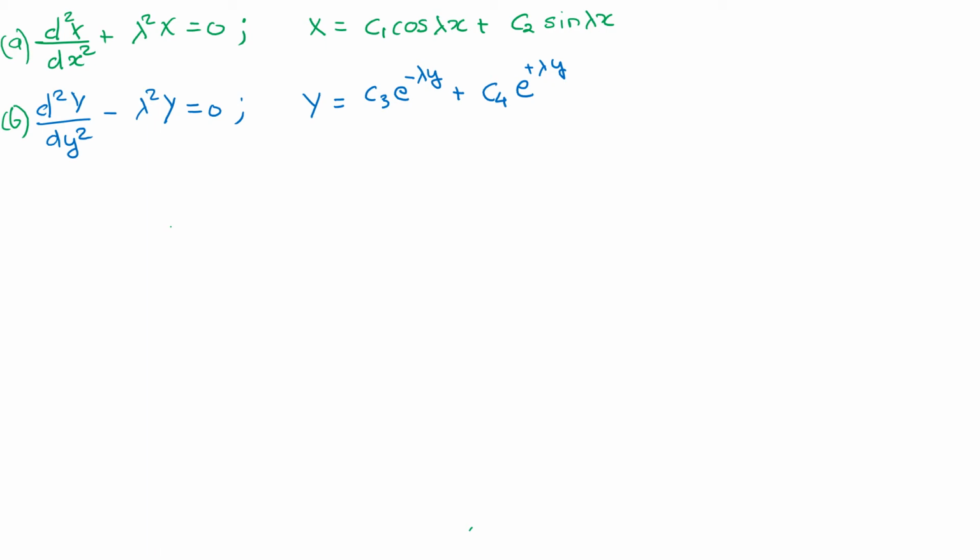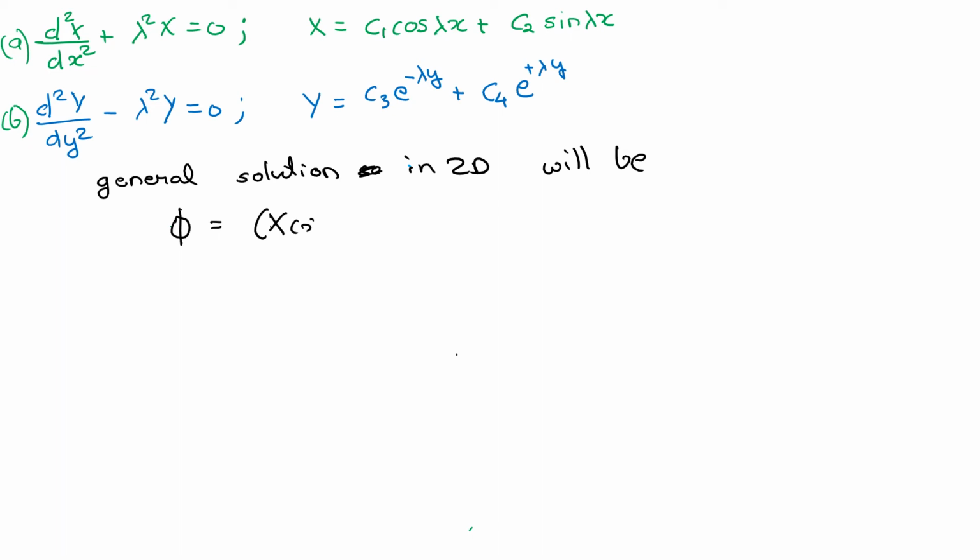So in which case our general form, or our general solution in two dimensions, will be phi equals... we'd assume that phi is a combination of X of x times Y of y.